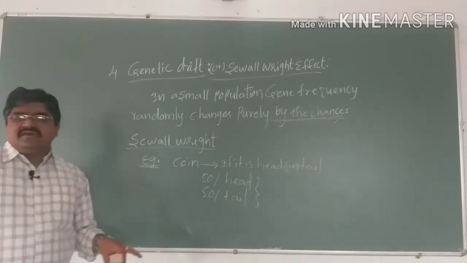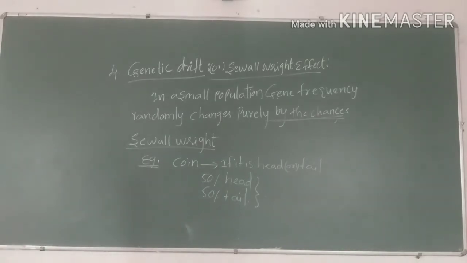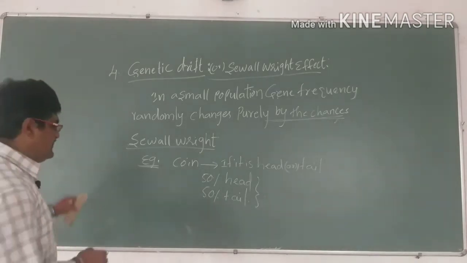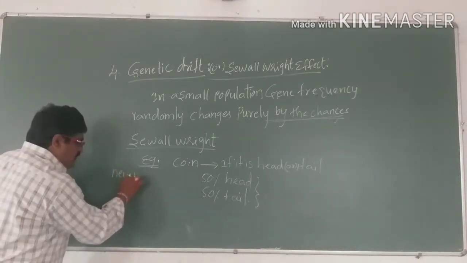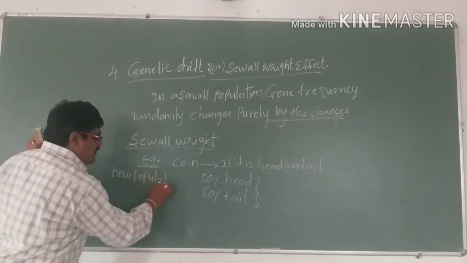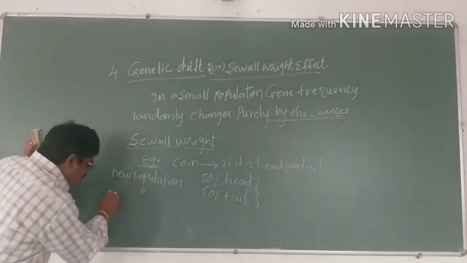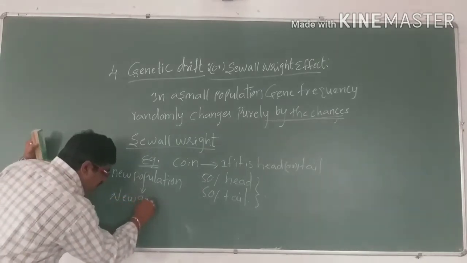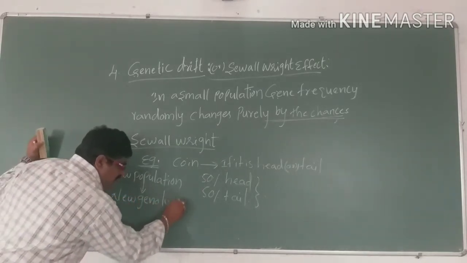This is also called the founder effect. Why? Some of the alleles may be totally different when compared to the parental population, and will significantly build up a new population with new genotypes. That means in a new population, a new genotype is produced.